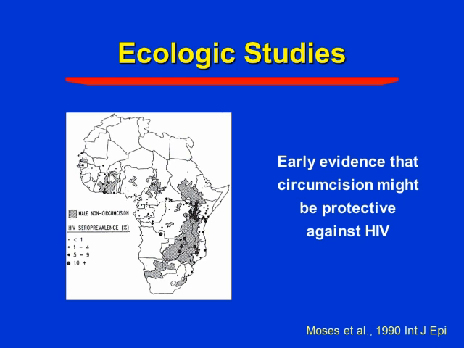And as you look on the map, you can see that the shaded areas, the cross-hatching, are where there was very little male circumcision. And then the dots represent the HIV seroprevalence, with larger dots depicting a higher seroprevalence. And as you look at the map, you can see that most of the very high seroprevalence areas corresponded quite well with areas where male circumcision was not practiced.